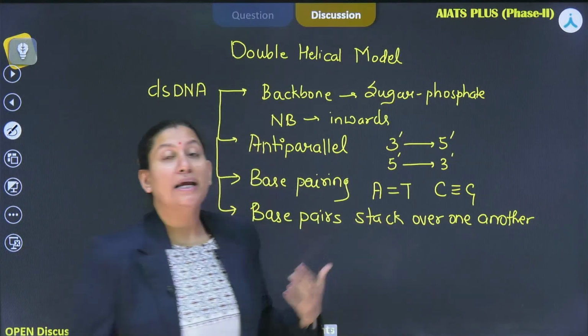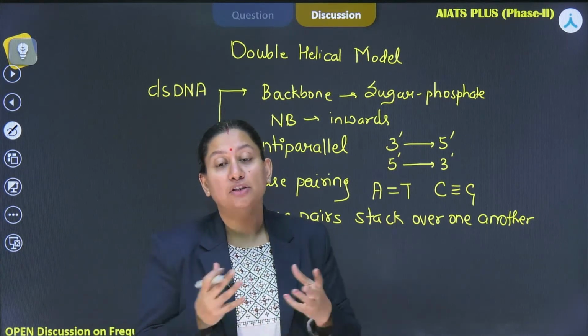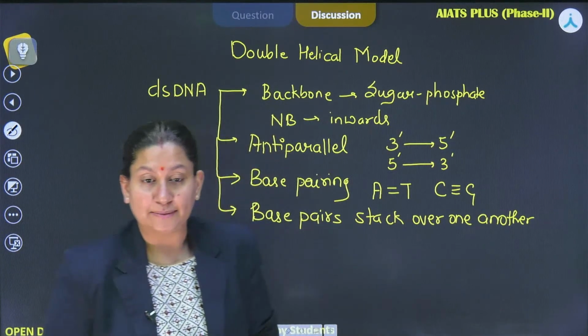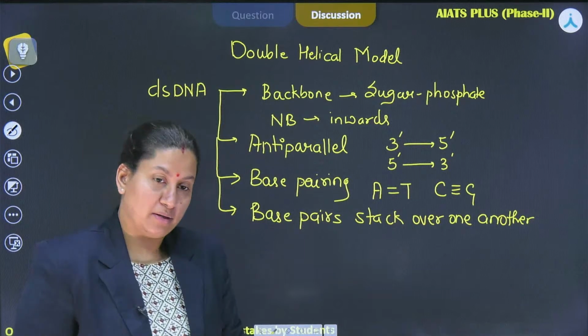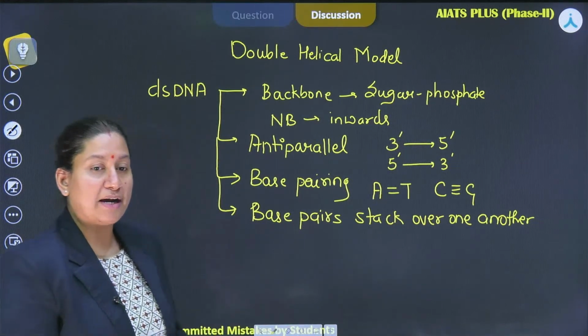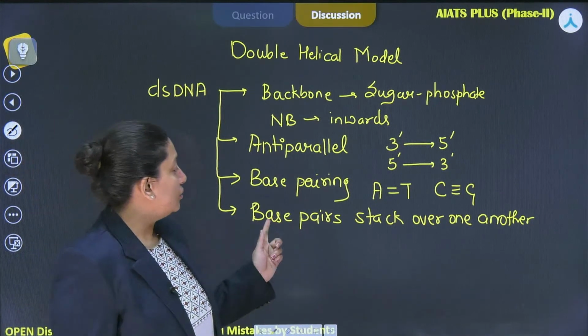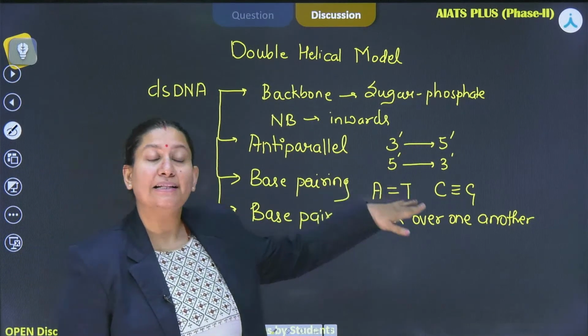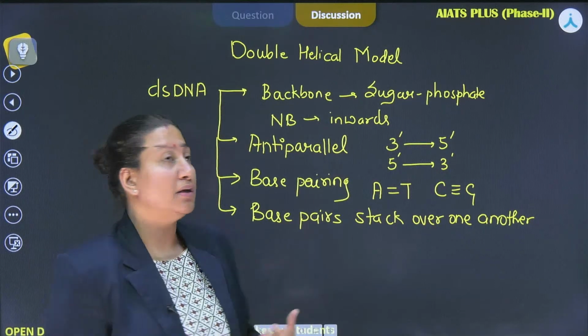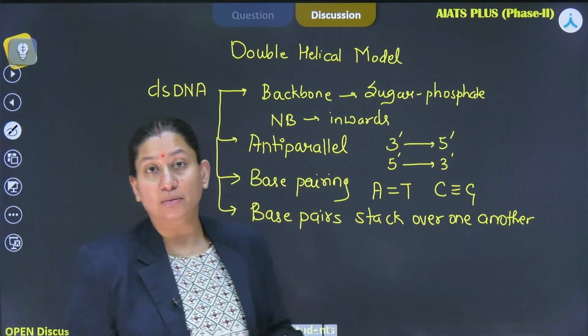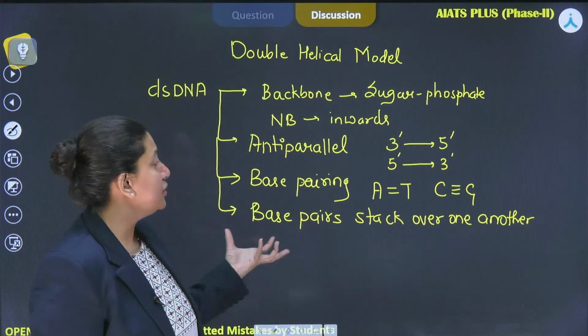This stacking is what actually gives the double-stranded DNA its stability, right? Concept of lac-operon, okay, so after this we'll get back to that particular one. All right, so this stacking and the hydrogen bonding is what provides the stability to the double helical model of DNA, right? So these are certain propositions.